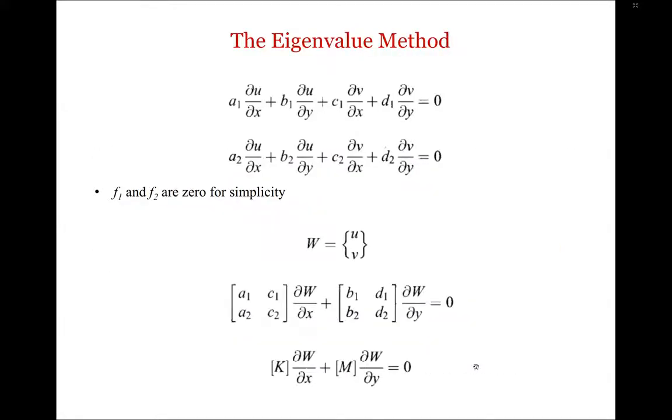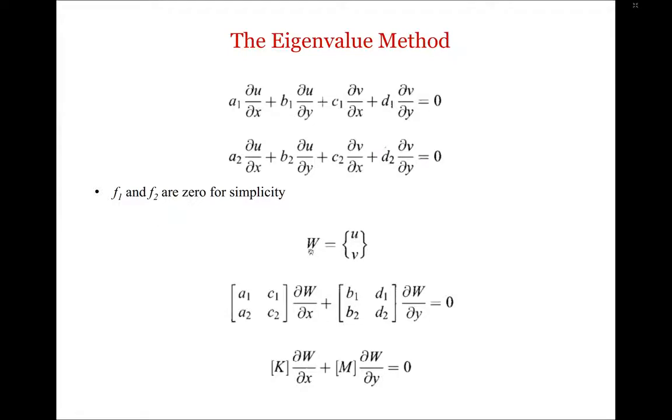Now, the eigenvalue method. The eigenvalue method, basically I am focusing on these two equations, 1 and 2. F1 and F2 are 0 for simplicity. So first we replace F1 and F2, so it must be equal to 0.